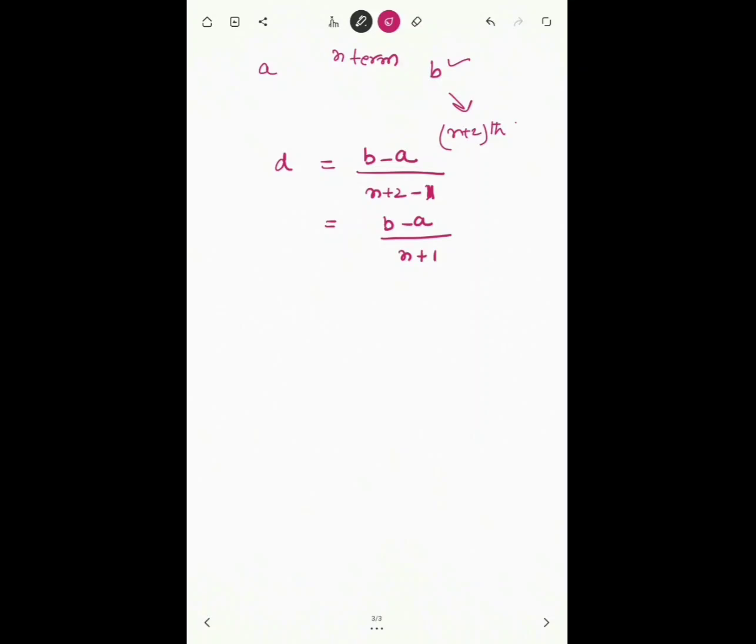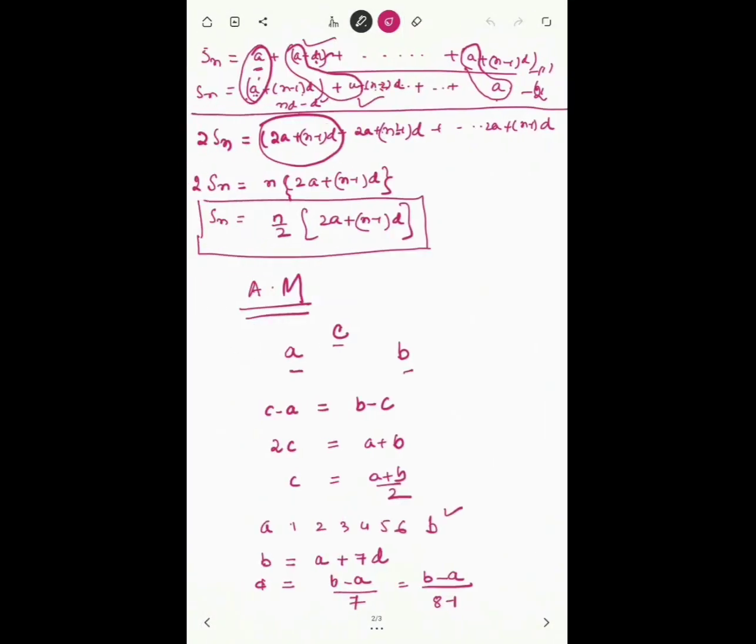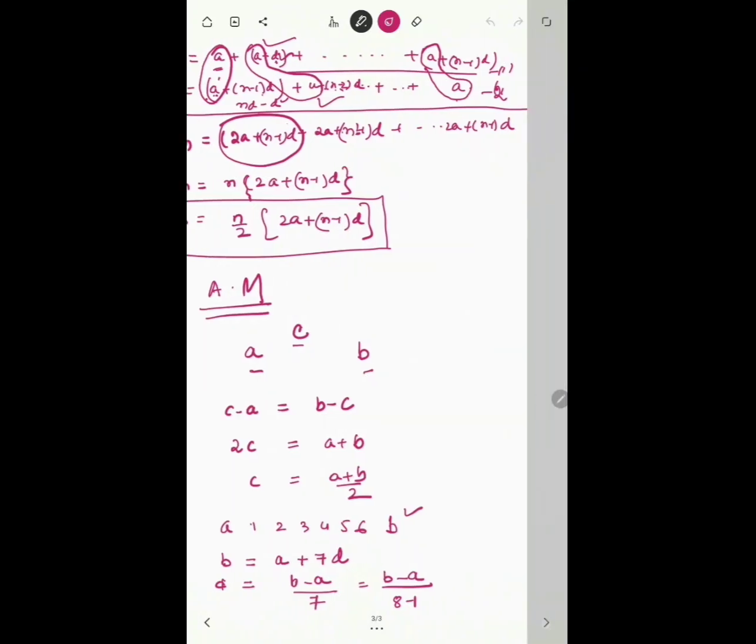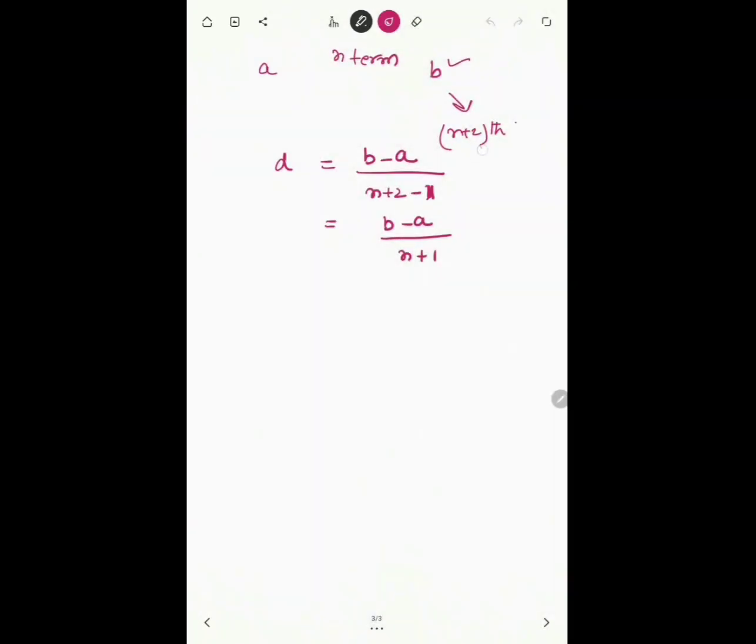That is very interesting. Now, what was that 7? Total number of terms 8, 1 less than that. Here, total number of terms is n plus 2, 1 less than that, n plus 1. So this is the formula. D is this.